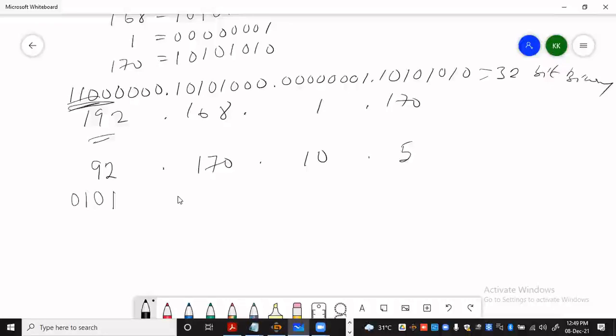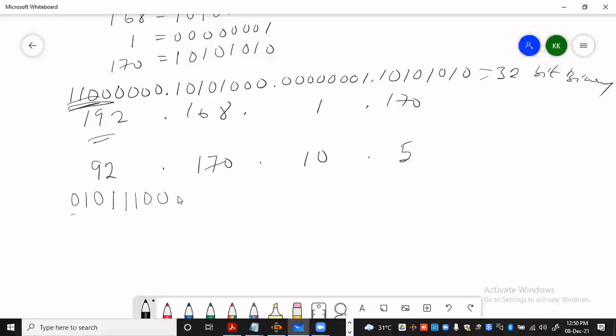So you have 64 plus 16, which will give you 80. And then you need 12 more, right? So 12 more means you can have 8, you can have 4, and then the rest are 0, 0.